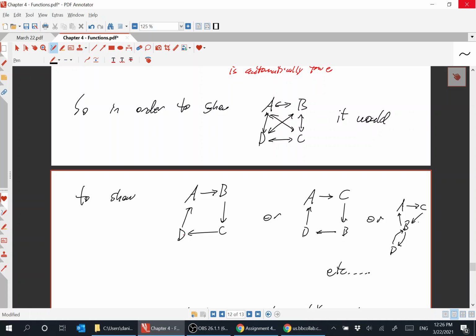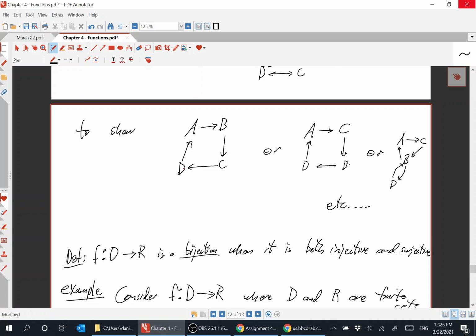It's got more arrows than these two. The smallest number of arrows is always going to be a cycle like this. Not that you can always do a cycle. Sometimes it's more convenient to do things with a few more arrows, but this is the standard.